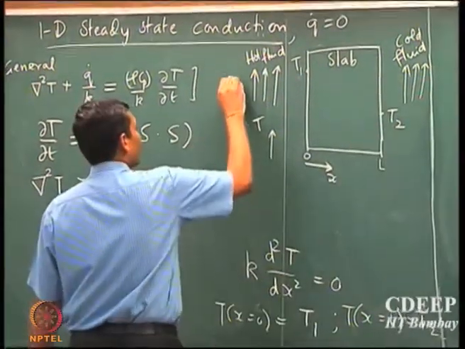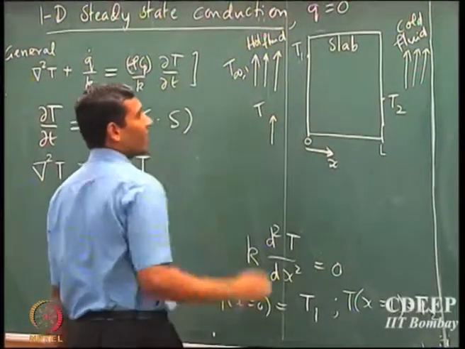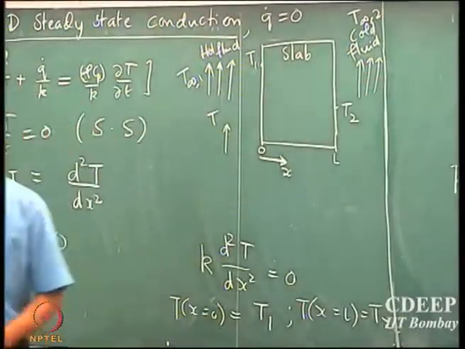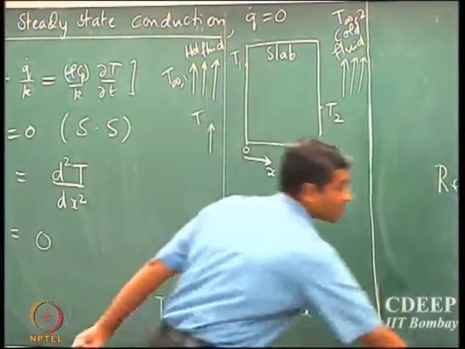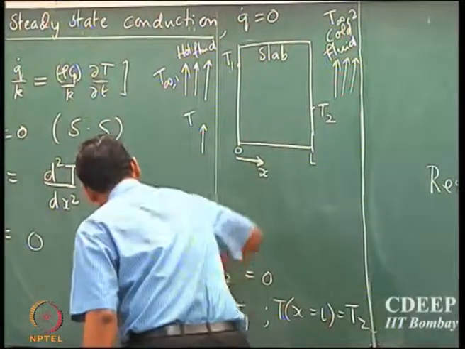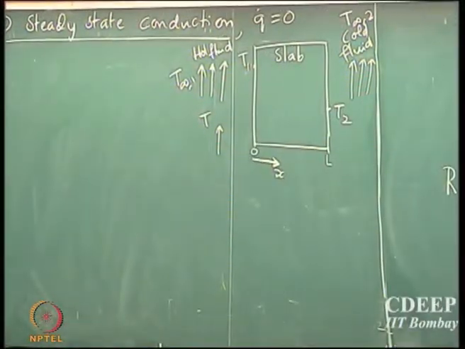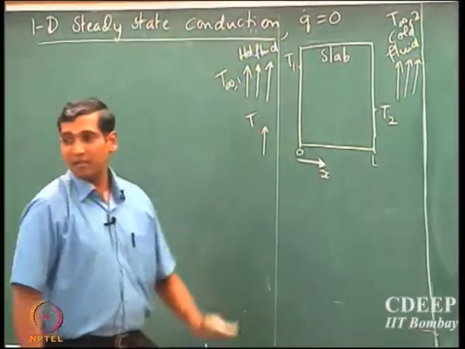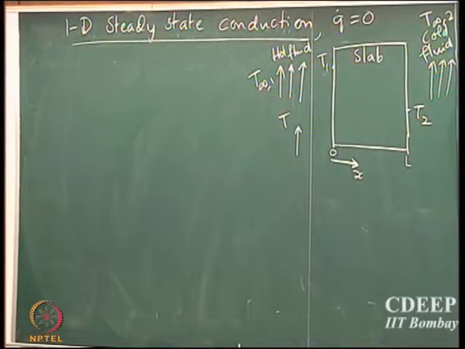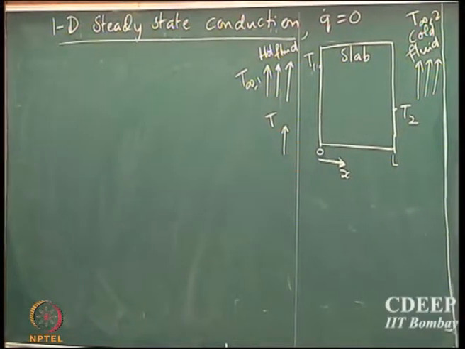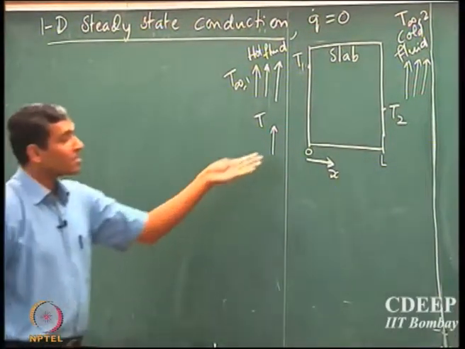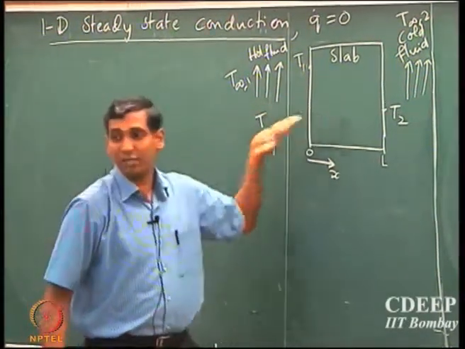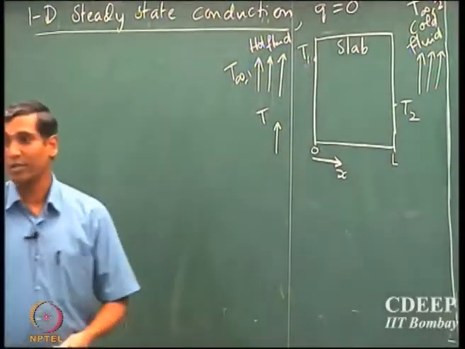If the temperature of the hot fluid is T infinity 1 and the temperature of the cold fluid is T infinity 2, what will be the resistance offered for heat transport from the hot fluid to the surface? How do we find that? We need to find the resistance which is offered for heat transport from the hot fluid to the surface at x equal to 0. How do we find that?